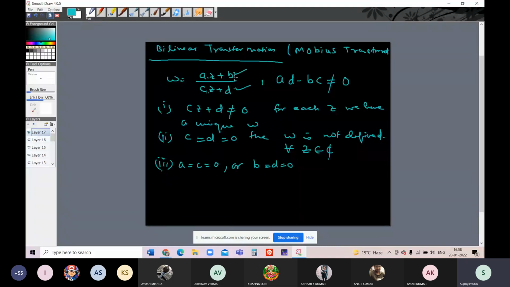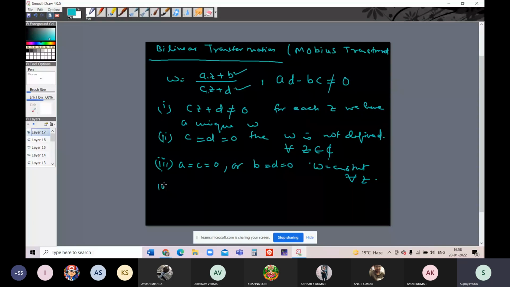You can see here, if b and d are 0, we get az/cz, z cancels and we get a/c. So this is a constant map. It will map the whole z plane into one point, and w will be constant for all z.